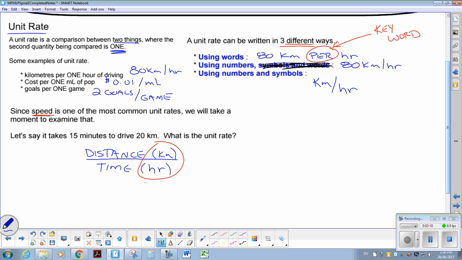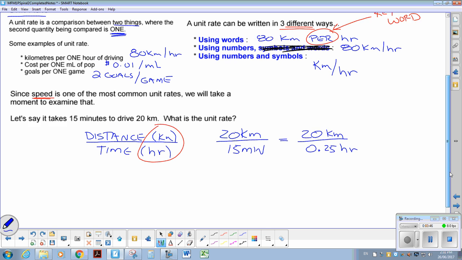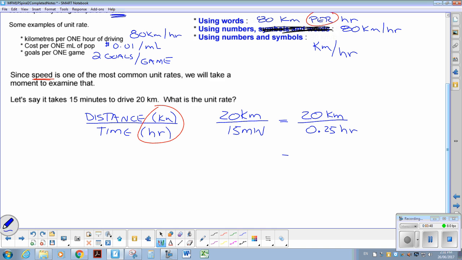They're telling us that we can drive 20 kilometers in 15 minutes. We never see kilometers per minute on the side of the road, so we have to switch that to 20 kilometers per 15 minutes, which is a quarter of an hour, so 0.25 hours. It has to be per 1 hour.